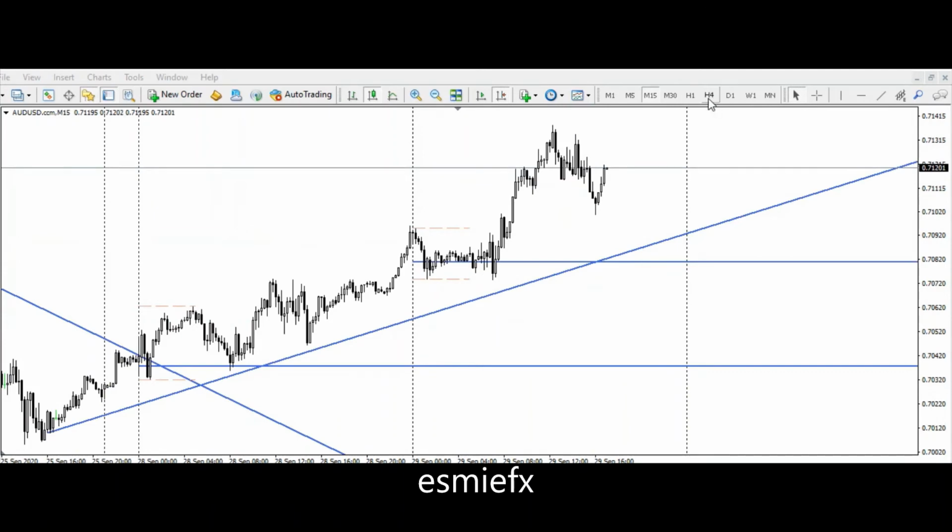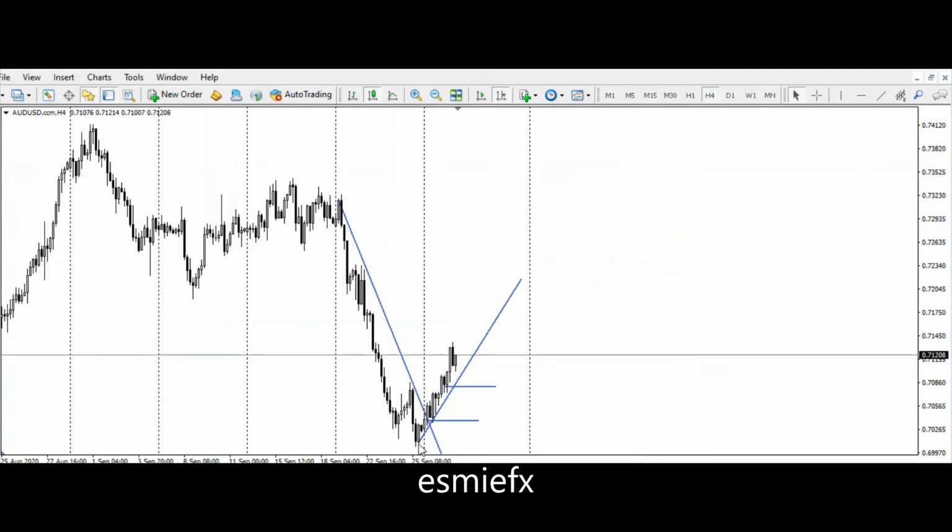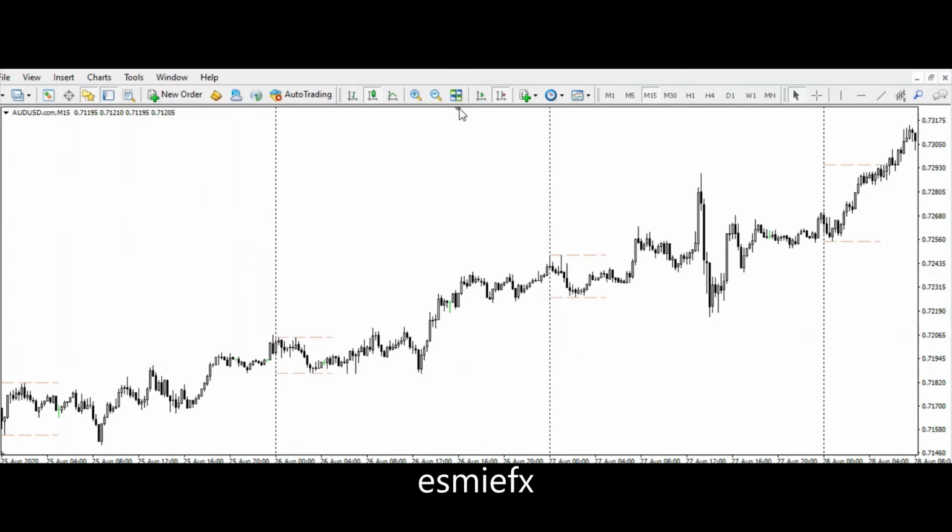This is Aussie. Yesterday it broke the trend line, you can see here, and it gave a retracement here. I've drawn my support here and one here as well. Just go into 4-hour.